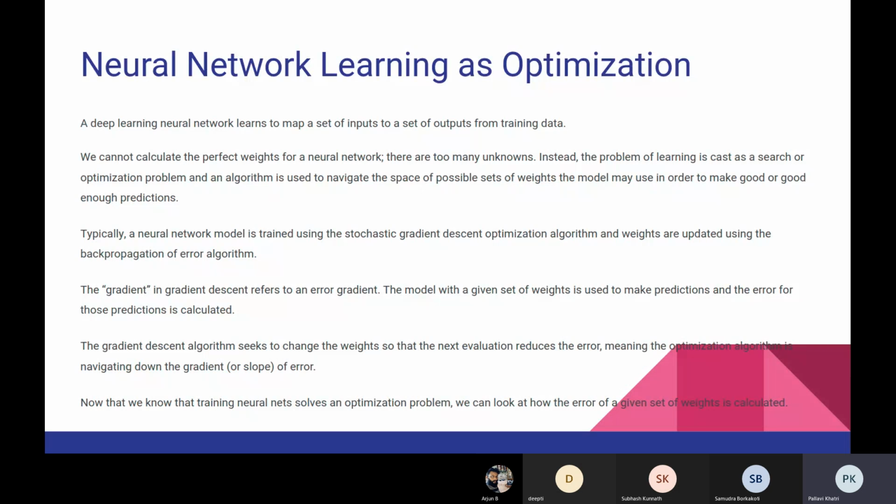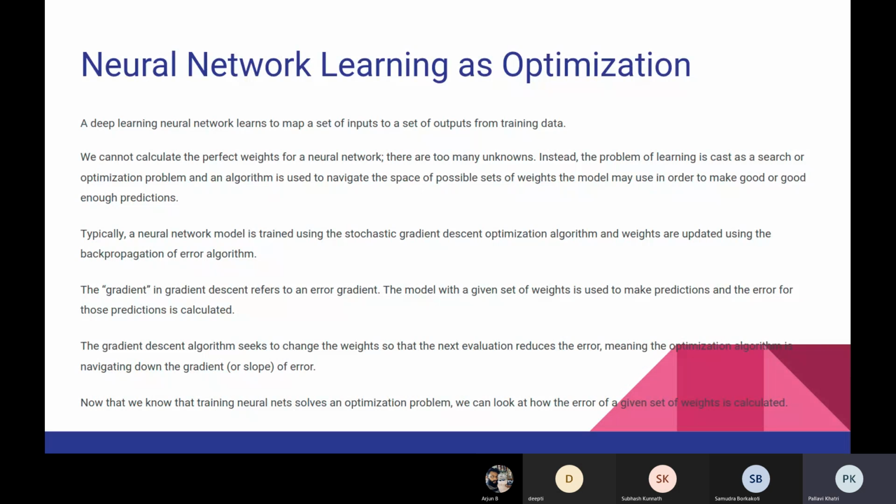So there is a possible set of weights a model can use to make a good enough prediction. A learning system searches all the possible sets of weights a model can have, and then finds the optimum weights that give a good prediction.